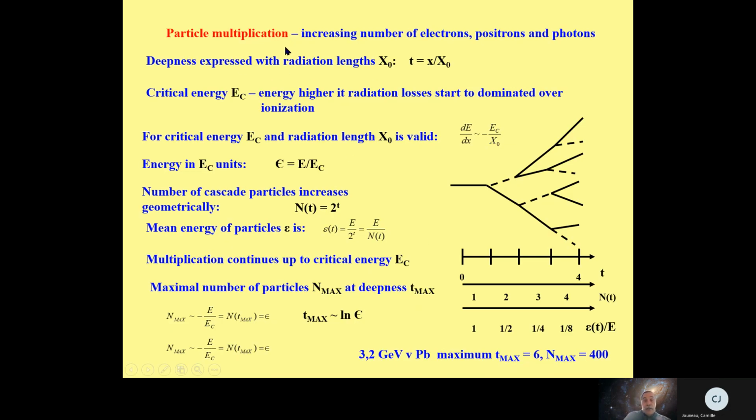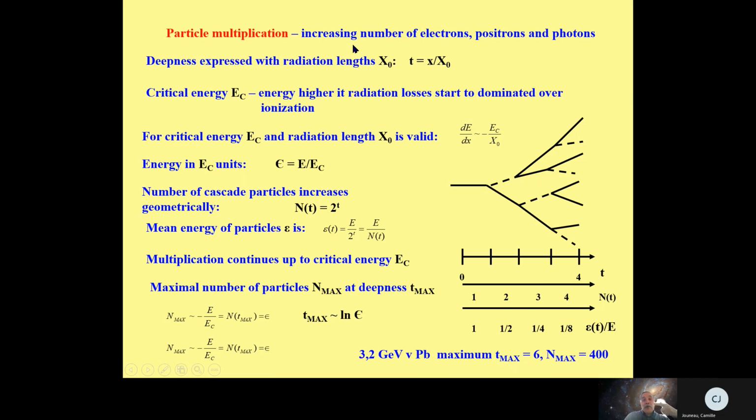Okay, and how is it possible to describe by a simple model the development of the electromagnetic shower? During the whole process you have multiplication of particles.